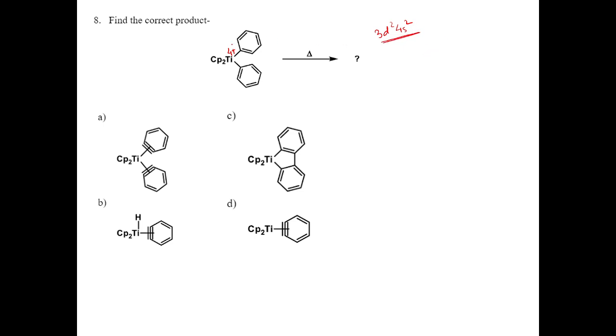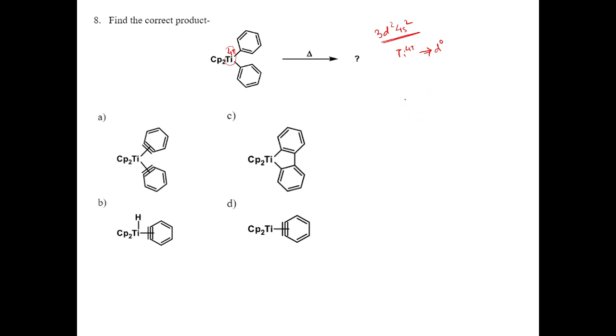So here Ti plus 4 means it is actually a d0 complex. No valence electron is present in the case of Ti, right?